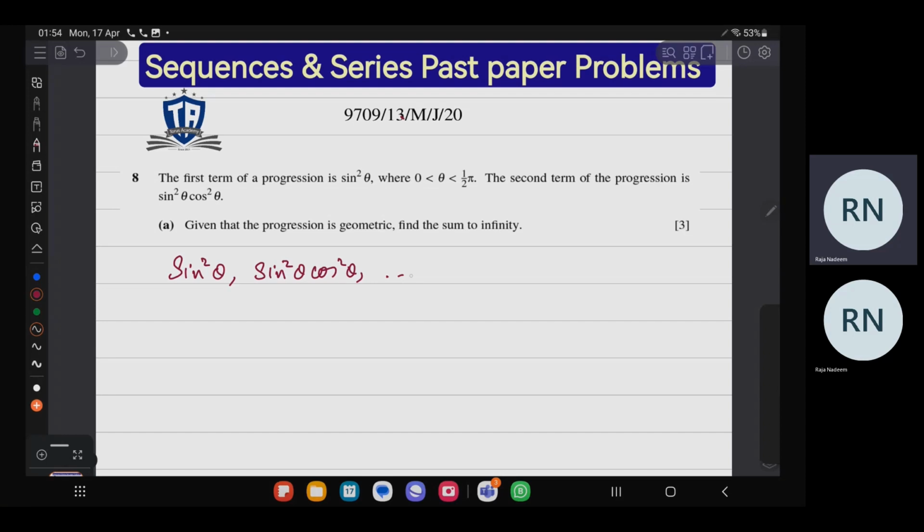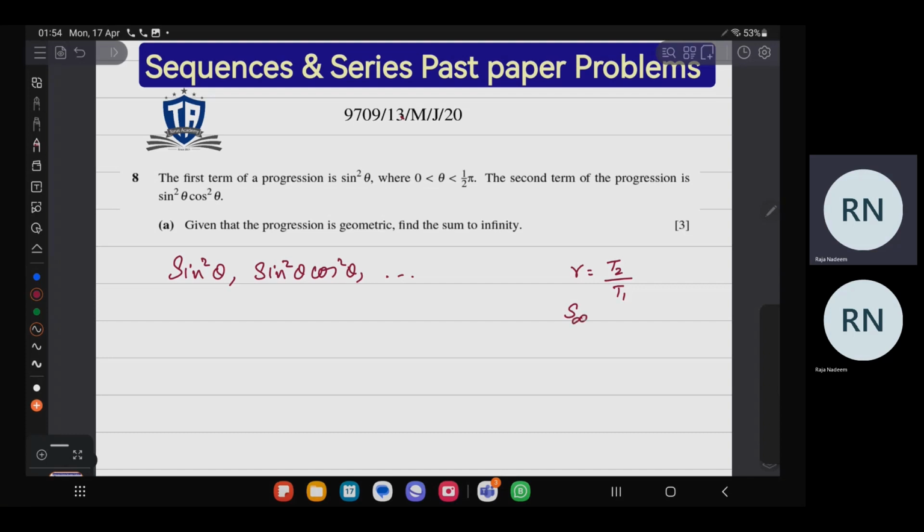When the progression is geometric, we find the ratio, which is called the common ratio. Common ratio has the formula second term divided by first term. As it is mentioned that the sequence is geometric, the ratio would be the same, so there is no need to verify it. So we write T2 over T1, and from this formula we'll find the ratio.